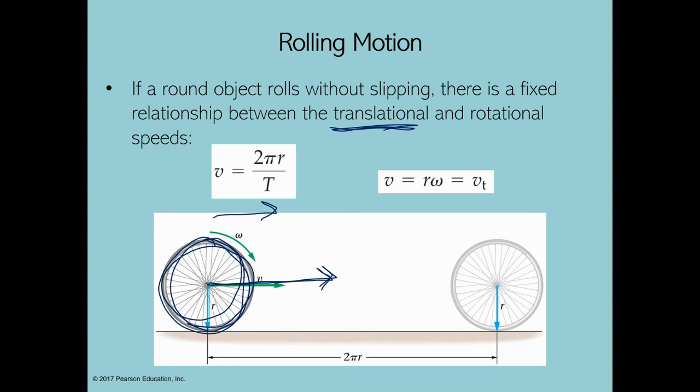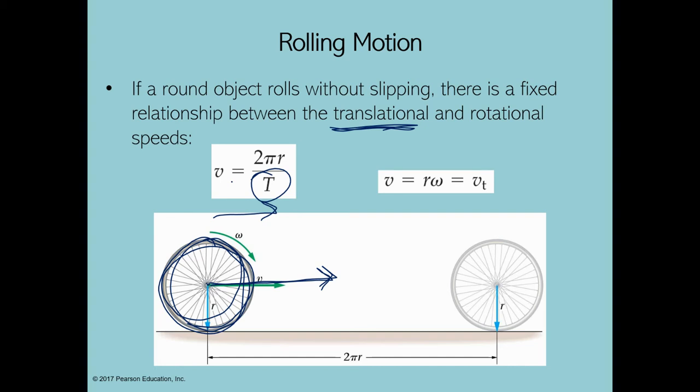The time required to complete a single revolution, t, so our period, is related to how quickly the axis is moving, the translational speed of that axis.